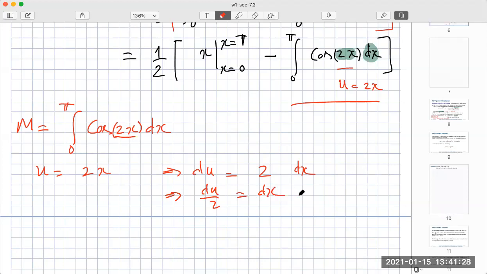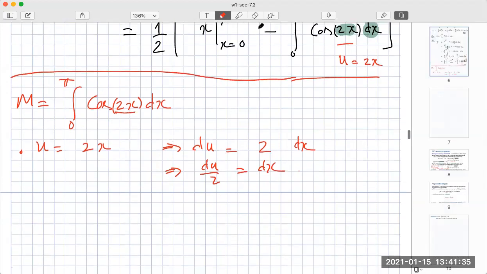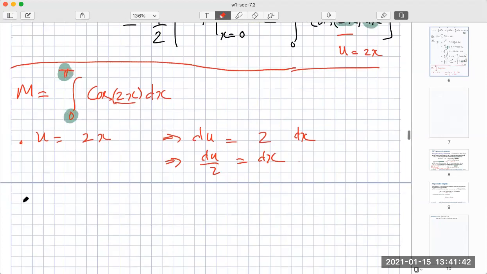What else do we need to do for this problem? Yes, the limits here, right? The lower bound, upper bound.